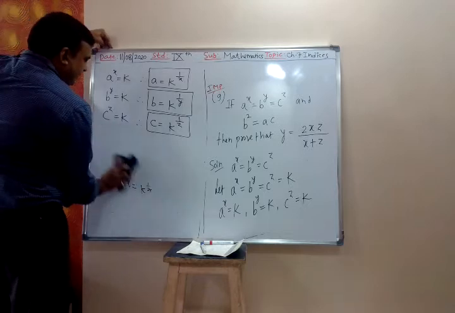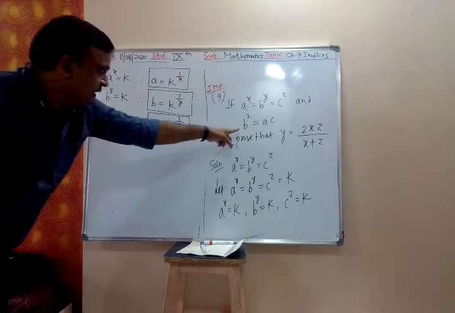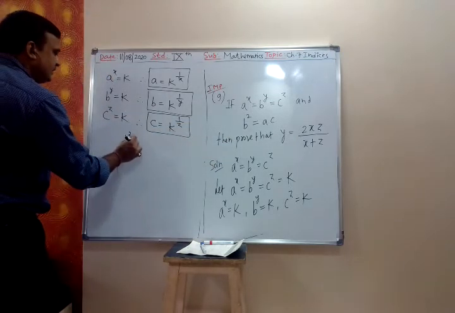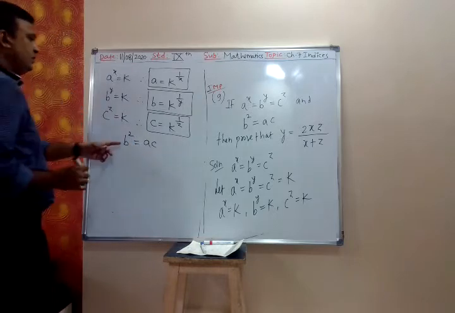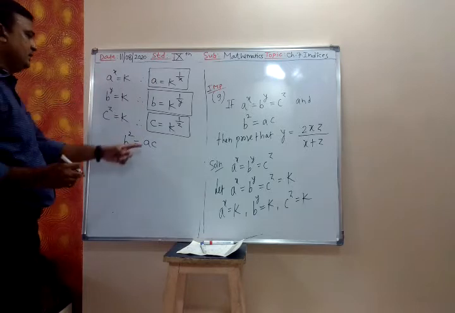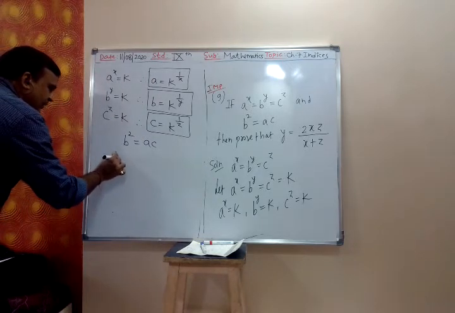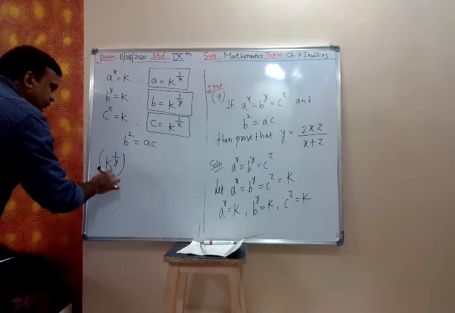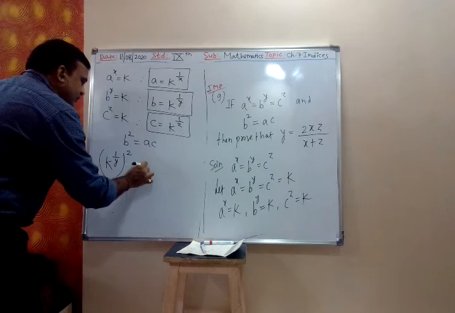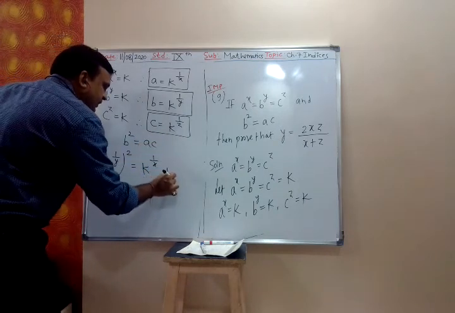Yes. So now it is given b square is ac. Now put the value of b, put the value of a, put the value of c. So b is k raised to 1 by y, so b square is a, which is k raised to 1 by x, into c, k raised to 1 by z.